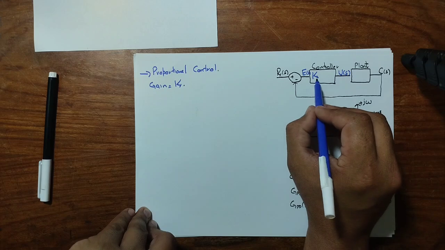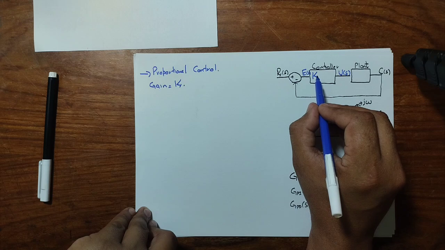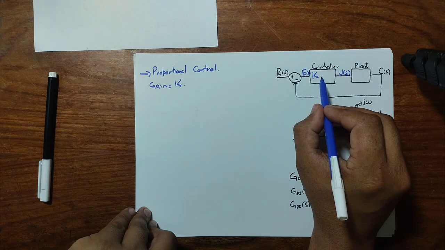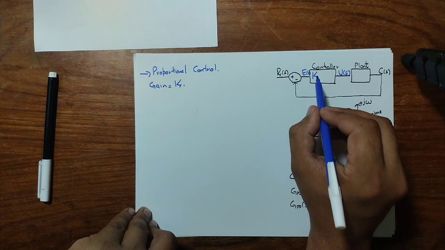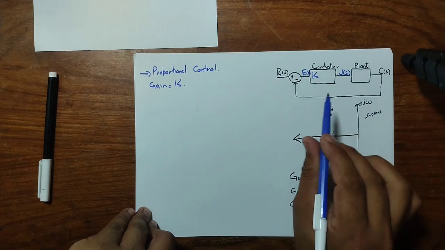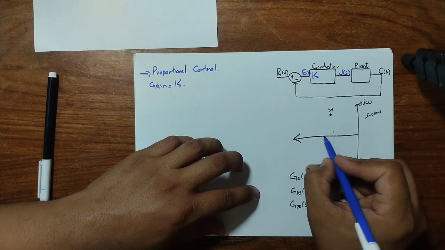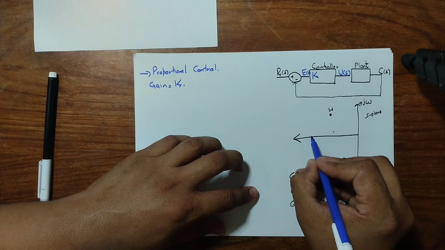But the simple proportional gain has certain limits. We cannot set it as high as we need, because there are certain limitations of the components or of the system. So if we are trying to achieve this desired point using this proportional controller, the root locus can have this kind of path.